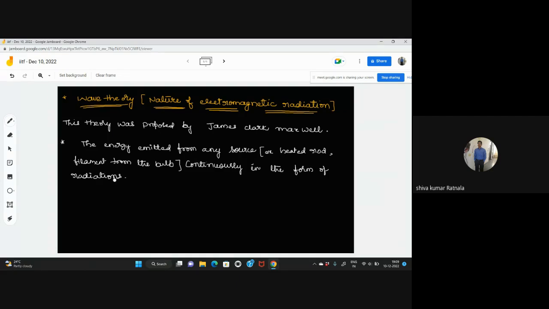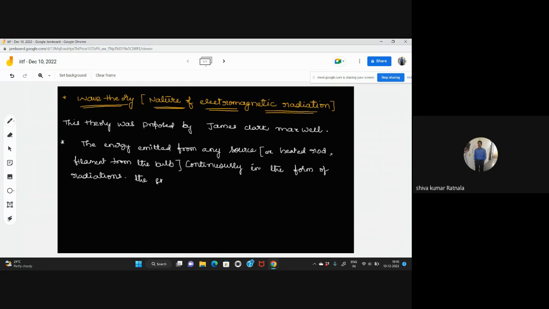That means what he is trying to say is, the energy will come from any source in the form of radiations.